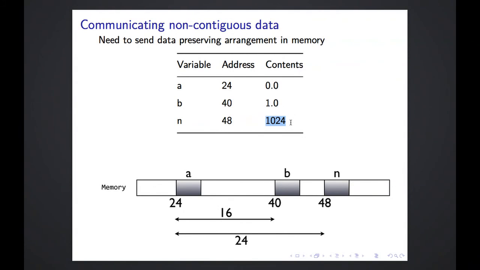If we want to picture this in a graphical way, here's what this would look like. Here's the memory, and you can think of memory as just a giant one-dimensional vector. Here is my variable A at position 24. Here's variable B at position 40. Here's variable n at position 48. And these are the relative displacements between the start of A and the start of B, and then the start of A and the start of n.